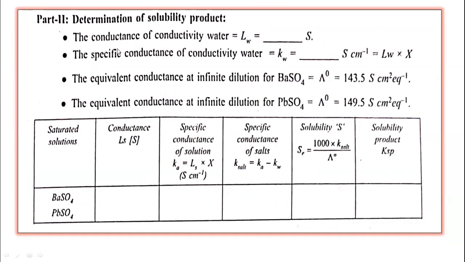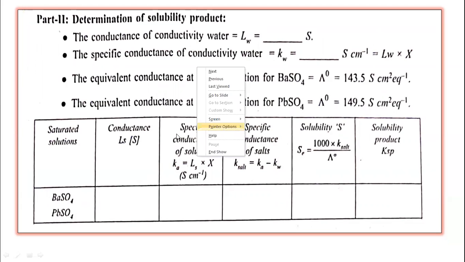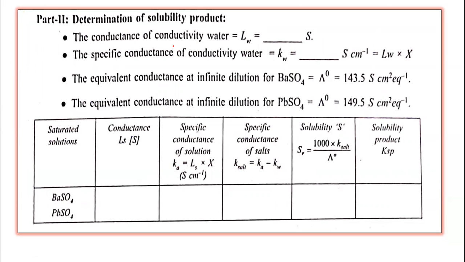Now the second part is the determination of the solubility product of the sparingly soluble salt. In this experiment, we first have to measure the conductance of conductivity water, that is, the water we are using to prepare the solution of barium sulfate.